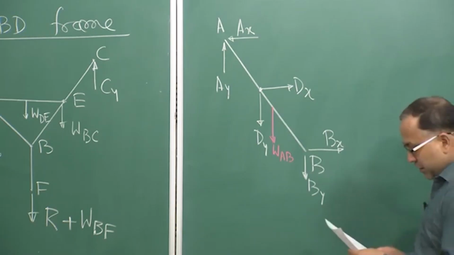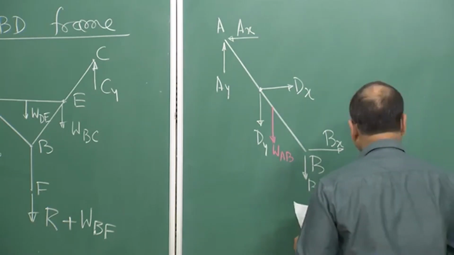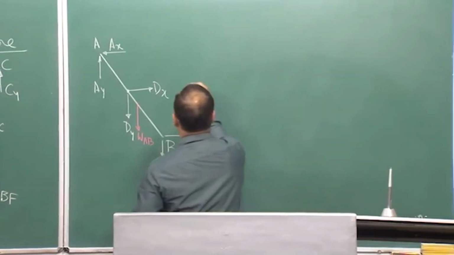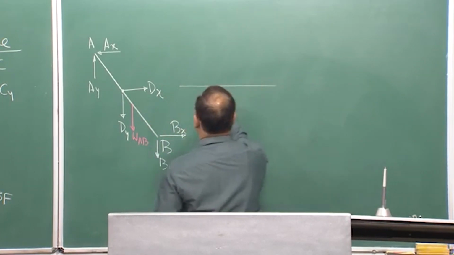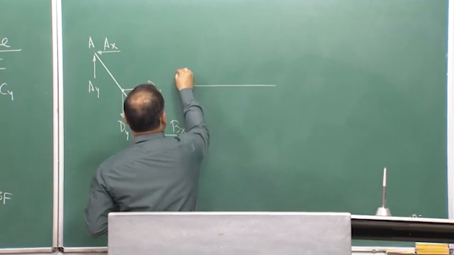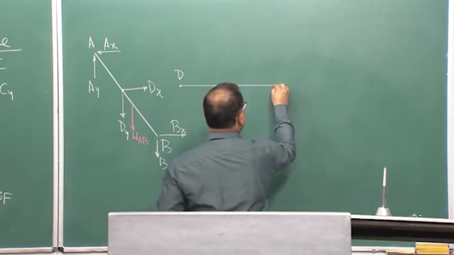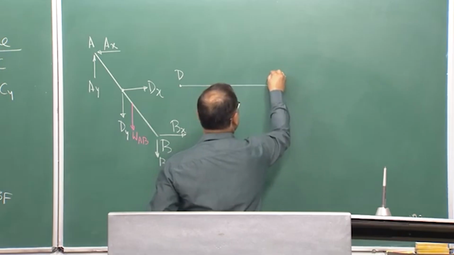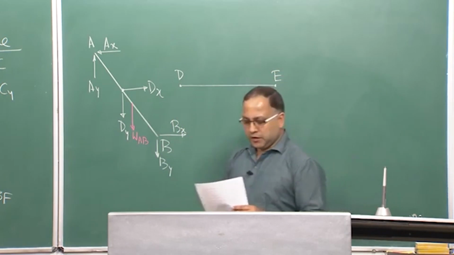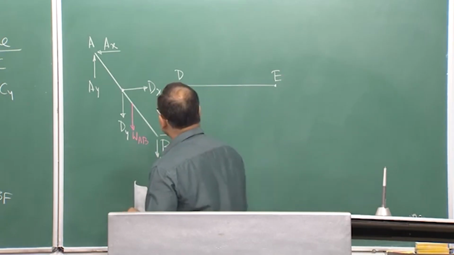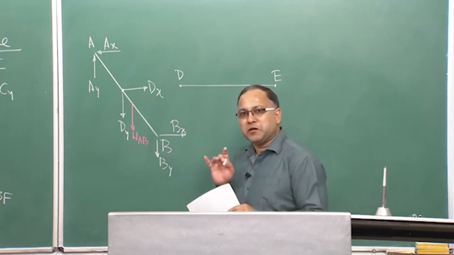Okay. Similarly, I can draw the free body diagram of member DE. This is the member DE. Okay. In that member, here actually one thing you have to remember.